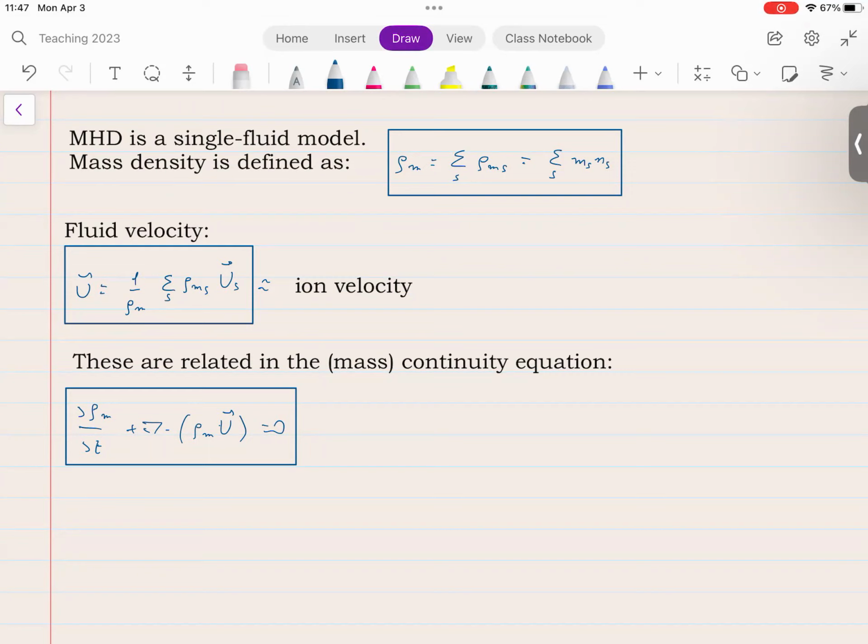And as already came through our discussion of fluid equations earlier, this is identical actually to the mass continuity equation in fluids and fluid dynamics.